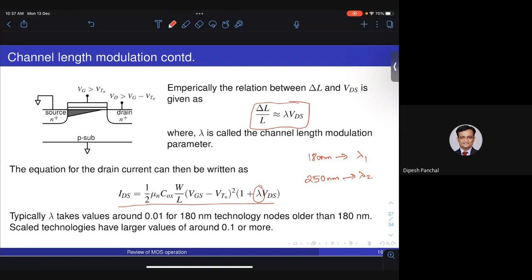Generally, in analog designs, we use transistors which are larger than the minimum length, typically 2 or 3 times the minimum length. But that means the lambda also will change. Okay, sir.